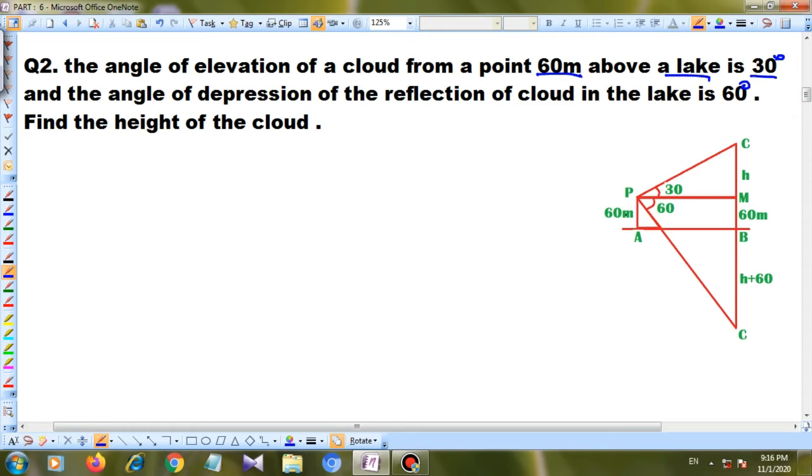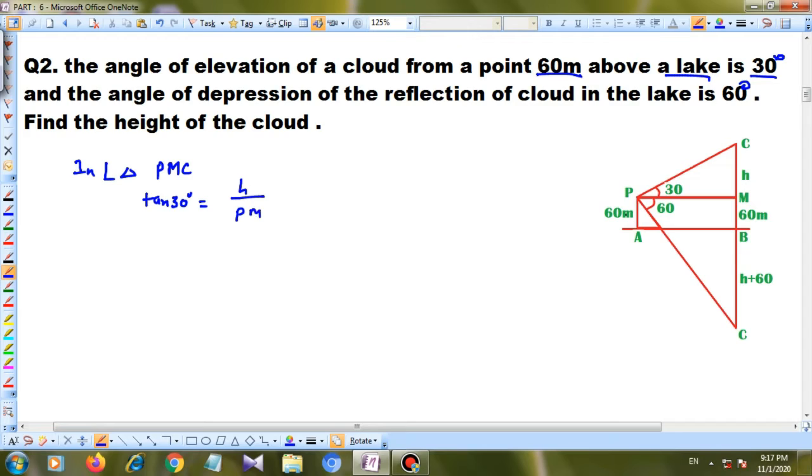So in right angle triangle PMC, here tan 30 equal to h upon PM.